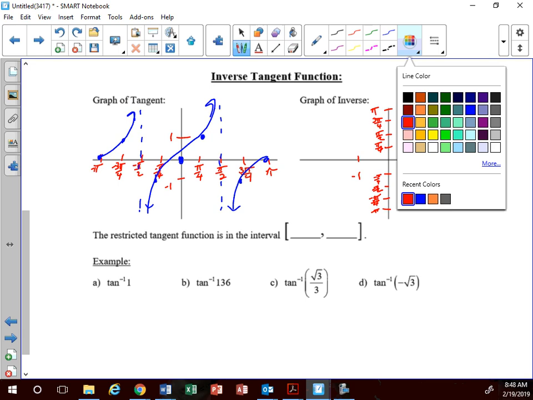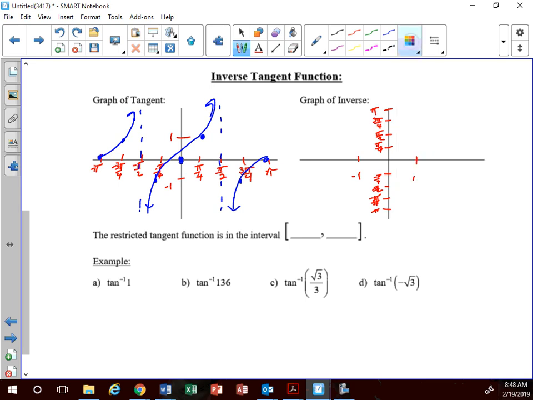All right, so 0, 0 is still going to be 0, 0. Then we have pi over 4 is normally 1, so I'm going to go 1 pi over 4. What about that asymptote? It was a vertical asymptote. What's going to happen to it now? Yeah, it's going to be horizontal, so at pi over 2. So I'm just going to keep following my pattern here.